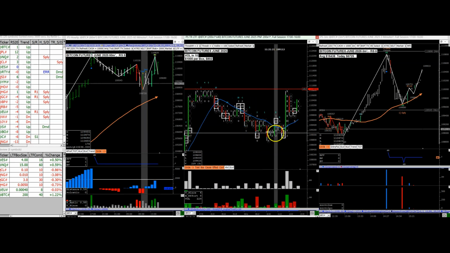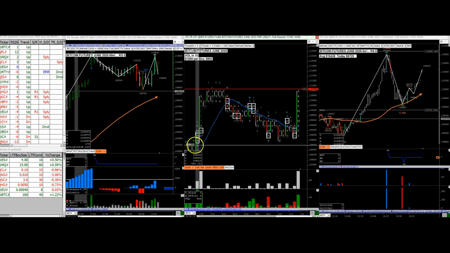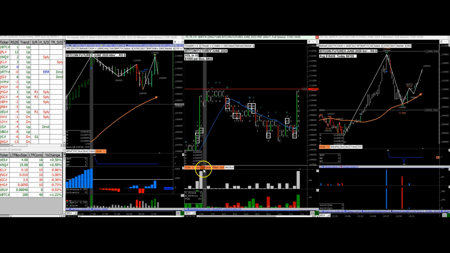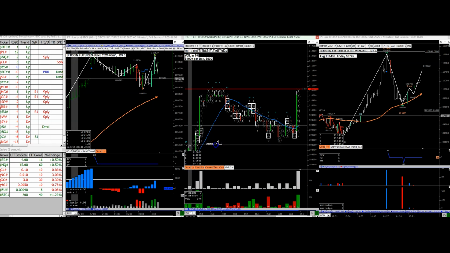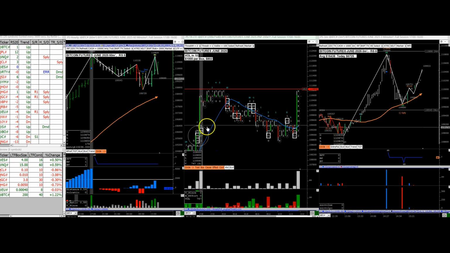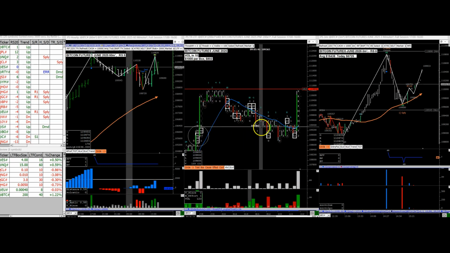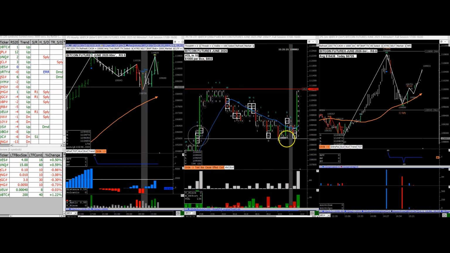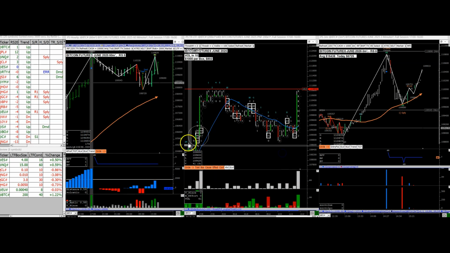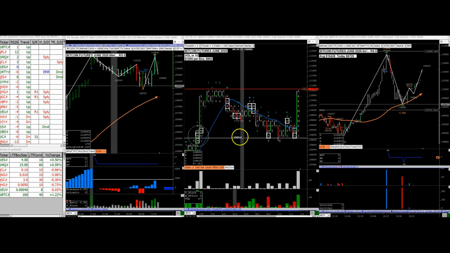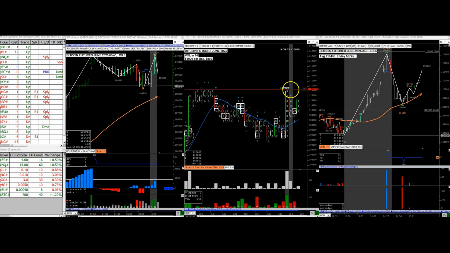This was it. This is the demand, and if you take a look, this is not a coincidence. It goes to the same area of prior demand, the highlighted, ding, ding, ding, ding, ding, bang, right there, and then pop, because there are buyers here, and it just went crazy.